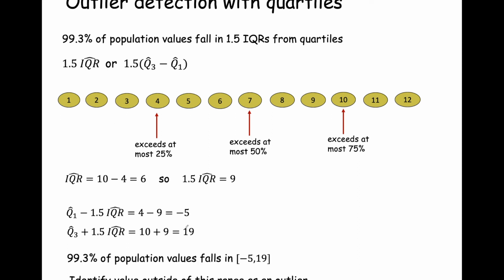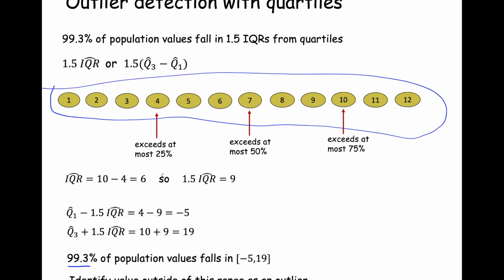So what does this mean? Well, that means that 99.3% of all the population values that we're going to observe from whatever system we took samples from that gave us these values is going to fall in the range between negative 5, which is out on the left here, and positive 19, which is out on the right over here.